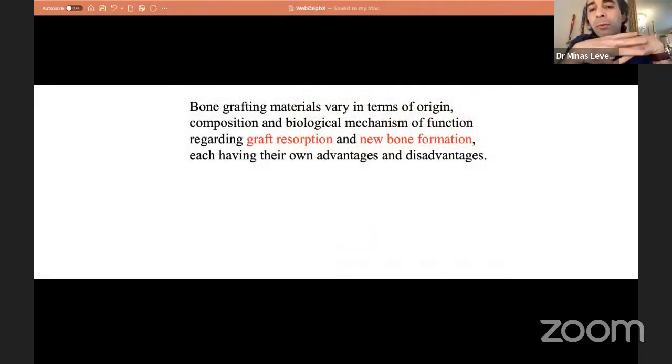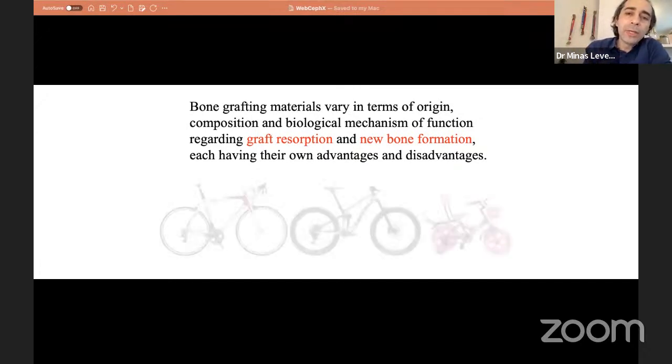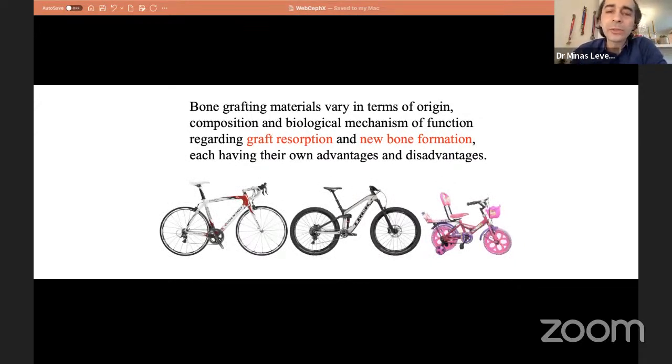And for me, this is the most important take-home message: first of all, when we start doing surgery, when we start doing implantology, we need to understand the essential, which is that there are big differences between the different bone grafting substitutes, and they have different resorption rates. And that means that they have different new bone formation capabilities. So for this reason, they work in a different way. And for this reason, they have different indications and different advantages and disadvantages.